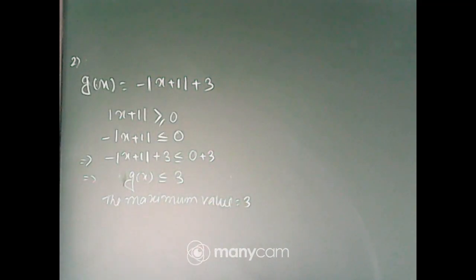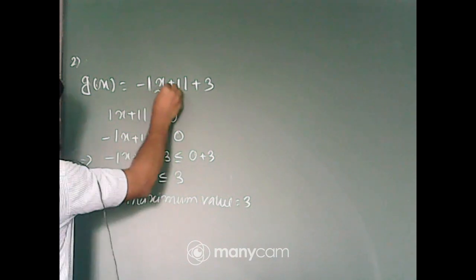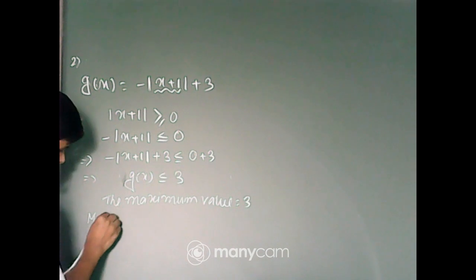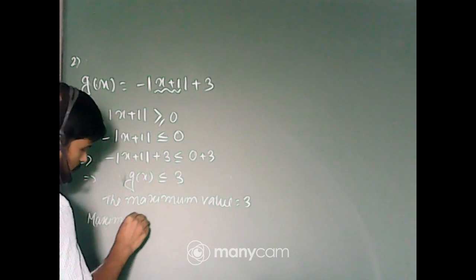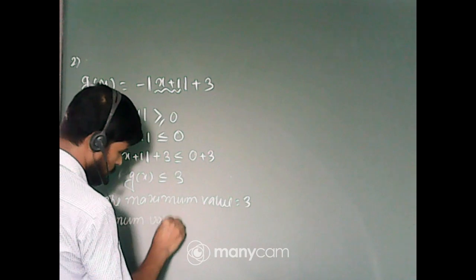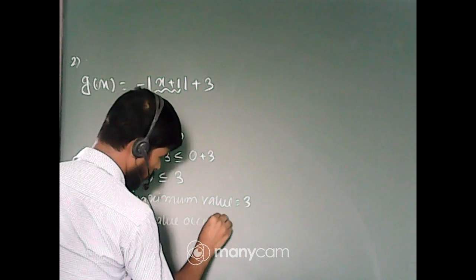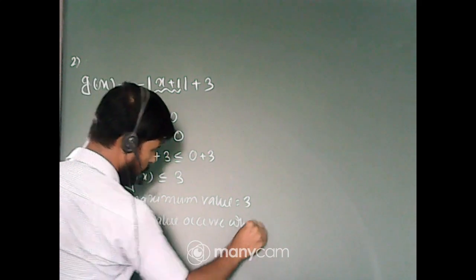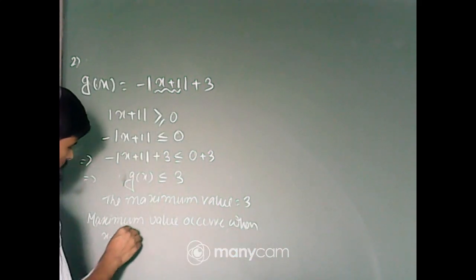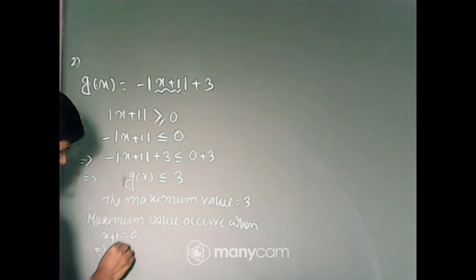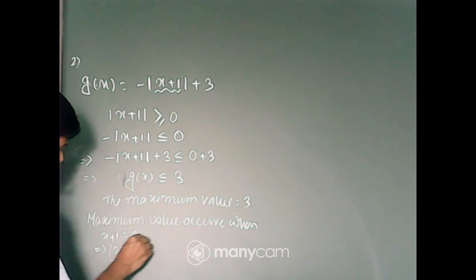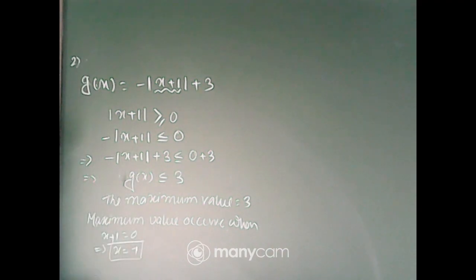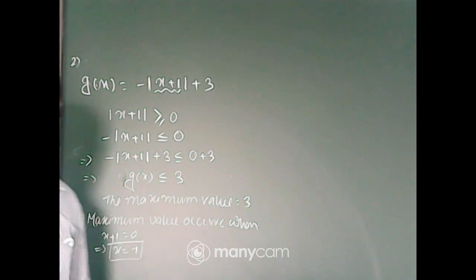And when will this maximum value occur? When this part is equal to 0, that is when x plus 1 is equal to 0. That implies x is equal to minus 1. So at x equal to minus 1, the maximum value will occur, and the maximum value is equal to 3.